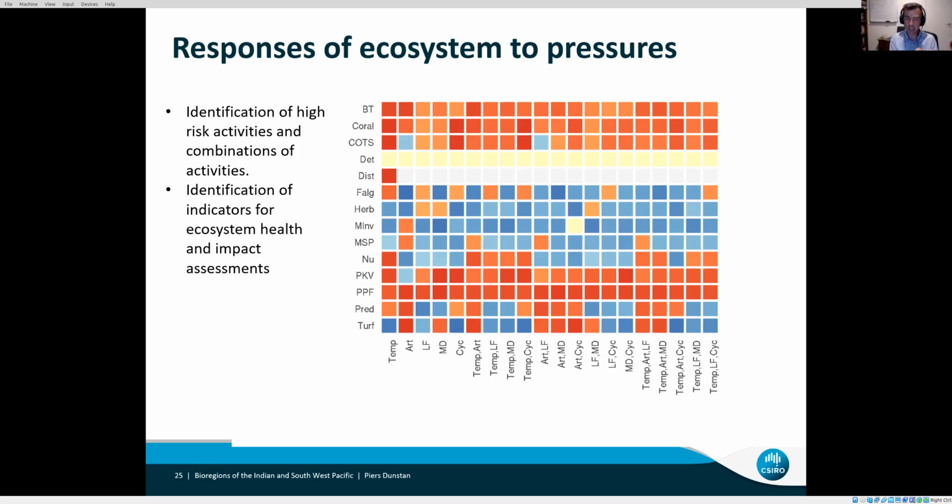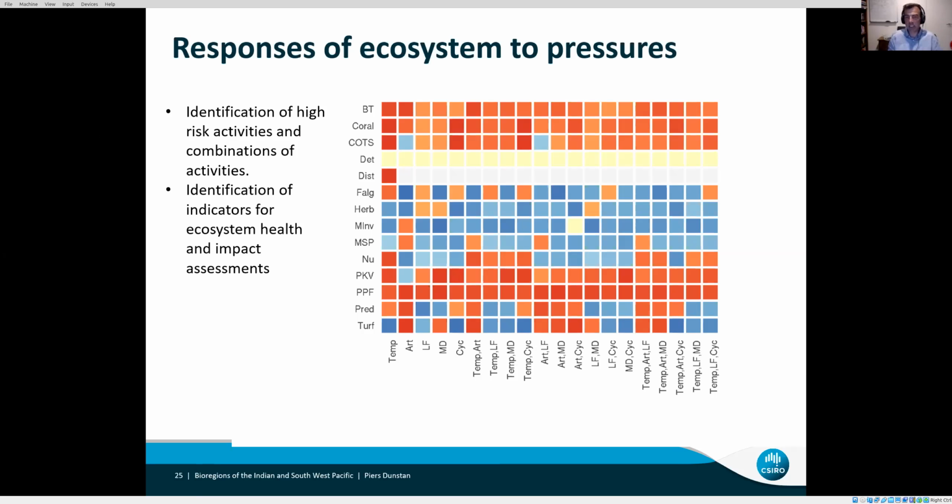The red shows you where something is having a negative impact, and the blue where those particular pressures are actually causing a positive change in the system. And as you add more and more pressures, you can see that the dynamics and the components of the ecosystems that are impacted change depending upon which particular combination of pressures is impacting the system.